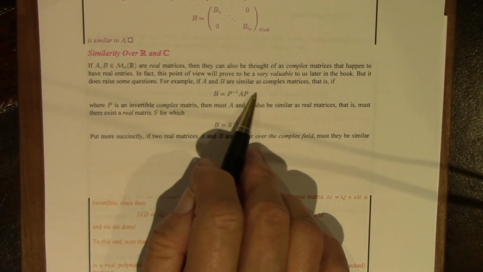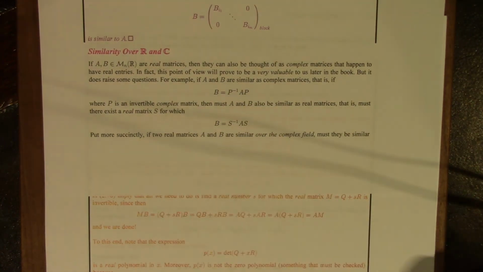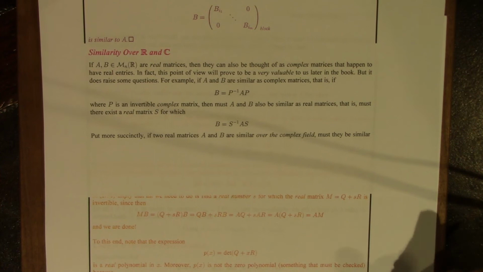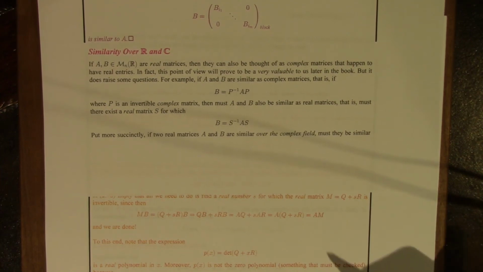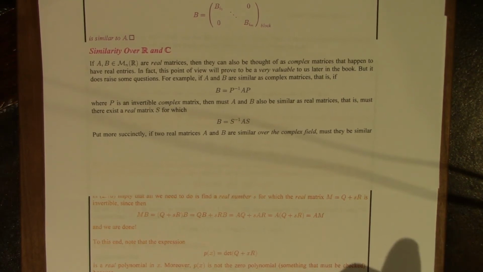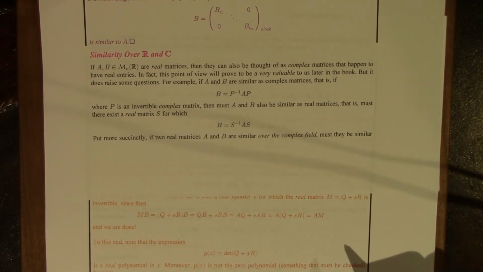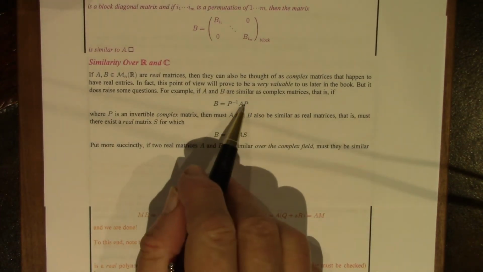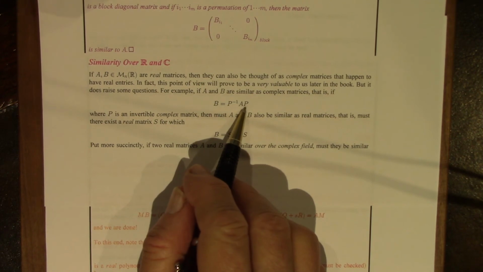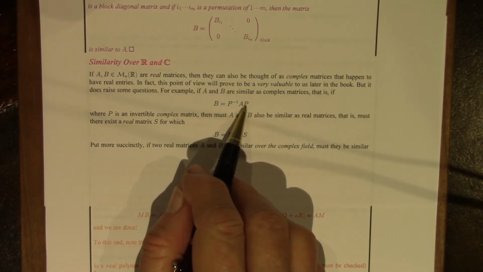It's important to understand the context here before I continue. We upgrade the base field from R to C, and we discover that these two real matrices we had are now similar in the upgraded setting. So all we know about P is that it's invertible and it's complex.